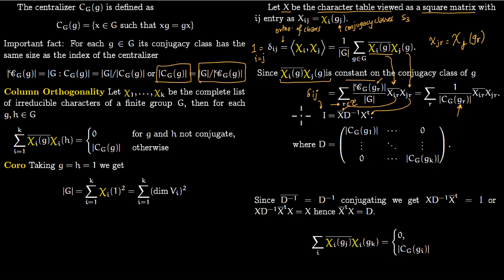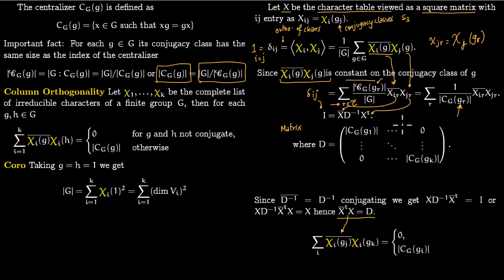So this is simple matrix algebra, simple matrix multiplication, and we have done nothing. We have just put this 1 over c_g like this, and this corresponds to this, this corresponds to this. So what we want to prove essentially is that this conjugate transpose with x is d. So this is saying chi_i g_j times chi_i g_k.